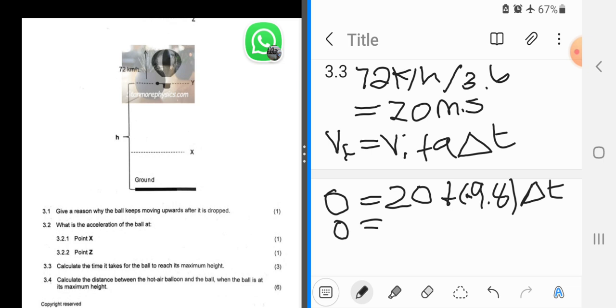So in your calculator, I'll say 20 plus 9.8, and that will give me 29.8 change in time. Oh sorry, they are multiplying. We can't add like this. Negative 9.8 multiplied by change in time, they are both multiplying.